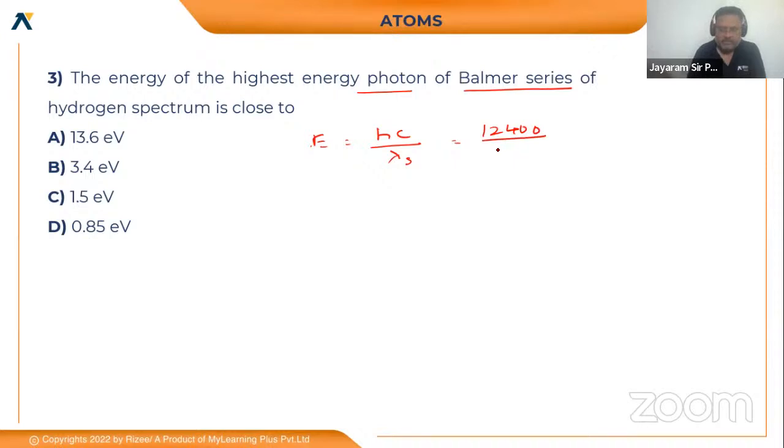The shortest wavelength in the Balmer series is nearly 3950, which comes down to roughly 4000. Nearby answer we can get: 12400 by 4000. These two zeros go off, 124 by 40, so it should be 3 point something. The only option there is 3.4 electron volts, right, sir?